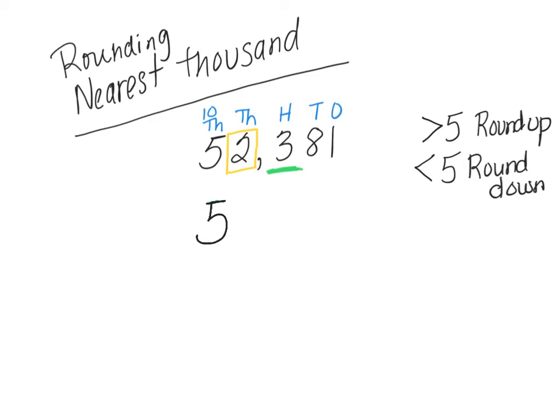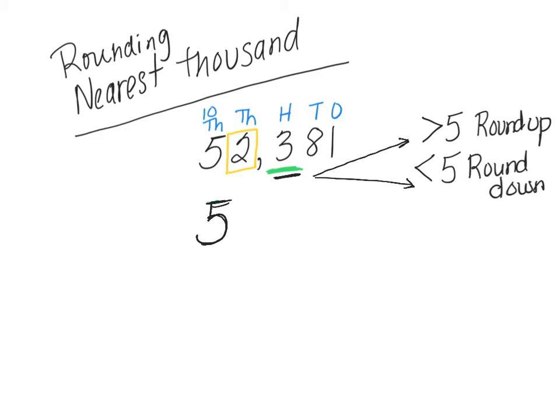So now I have my 10,000s place all secured. Now I'm going to look at this 2. I'm looking at the digit to the right. This digit to the right is a 3. So then I think about my rules. If it is greater than 5, I round up. If it is less than 5, I round down.